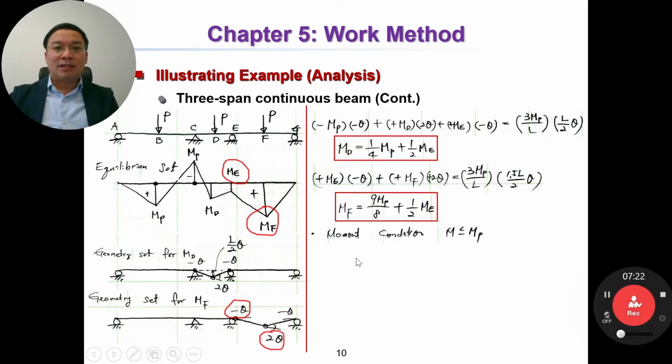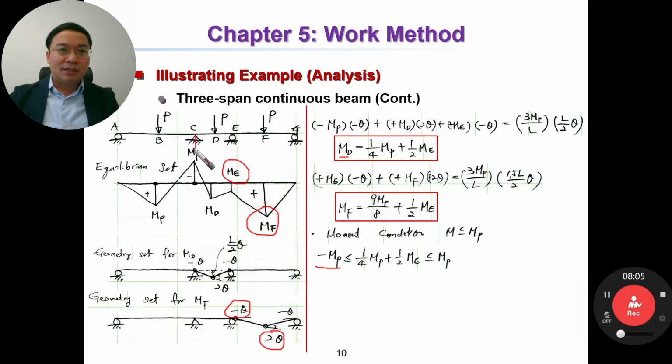Now do a moment check. Moment check. M at every section should be smaller than MP. If that condition is satisfied, then our solution is the correct solution. Okay, so we have to check M at D. M at D should be greater than minus MP.